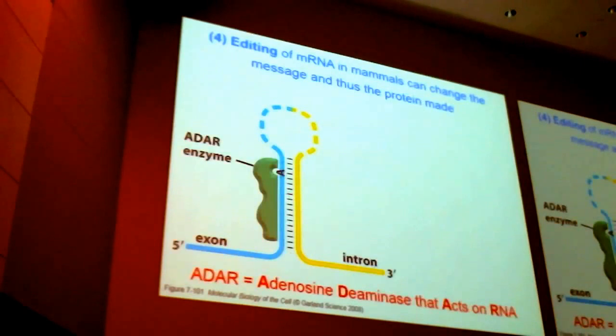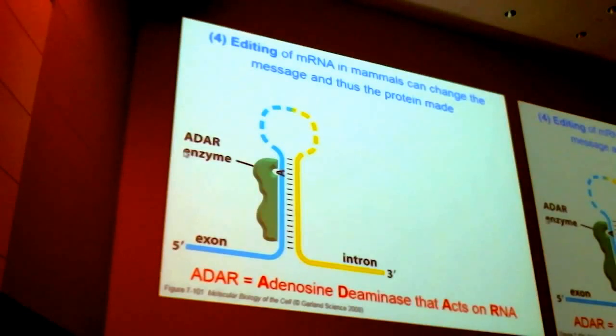Okay? Now, number 4 is editing, which is what goes counter to central dogma, if you will. You go from DNA to RNA to protein, and the information is thought to be precisely preserved before we discovered editing. And editing is done by a class of enzymes called adenosine deaminases that act on RNA, or ADARs.